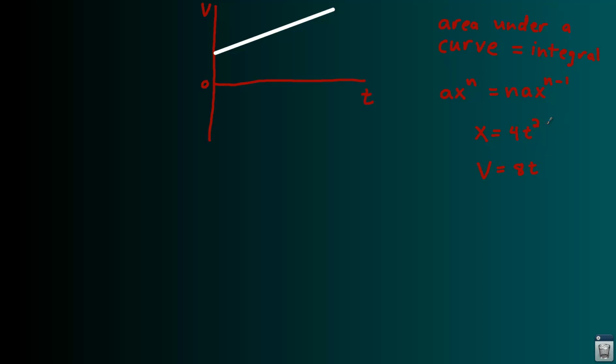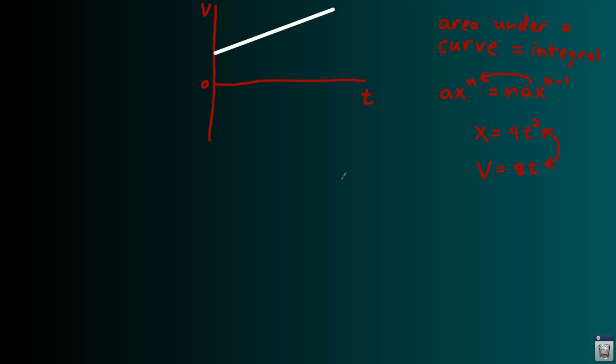So using this rule, I go from this function to this function. Going in this direction is called the derivative, or differentiating. But you can go backwards too. You can go in the other direction. You just do the opposite. You go from here to here, and that's called integration, or finding the integral.